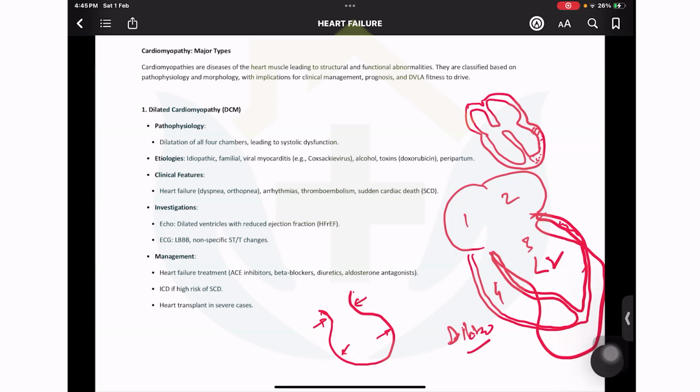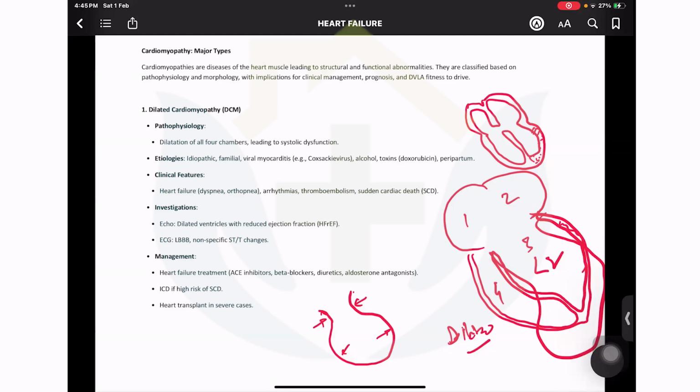Then because this heart is dilated, not only the left ventricle but also the atria, and atria we know have the bundle of Kent and the SA node to AV nodal connections, when they are stretched there are chances of arrhythmias and conduction abnormalities.